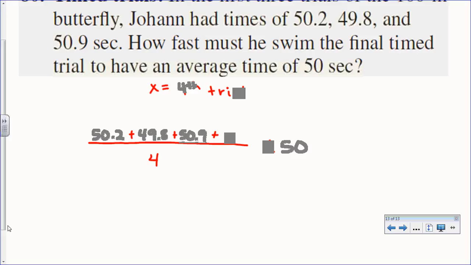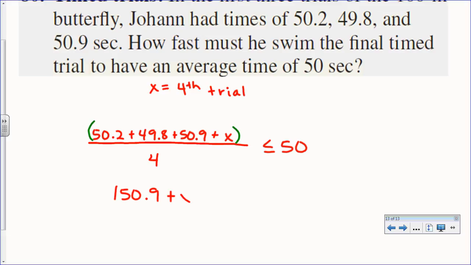Okay, remember that because of these plus signs, you have to do the numerator and denominator separately. So they have those invisible parentheses around them. So combine like terms on the top, 50.2 plus 49.8 plus 50.9. What does that give us? It's 150.9.